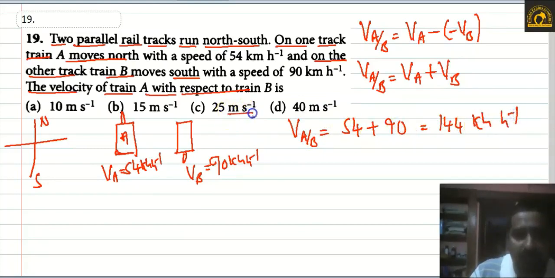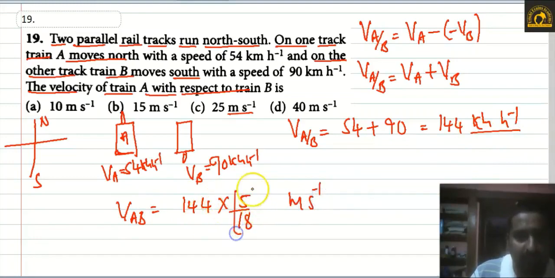But the answer is in meter per second. To convert kilometer per hour into meter per second, multiply by 5 by 18.